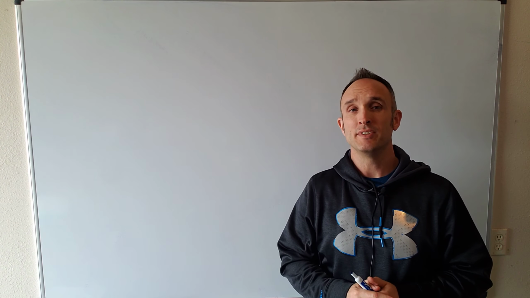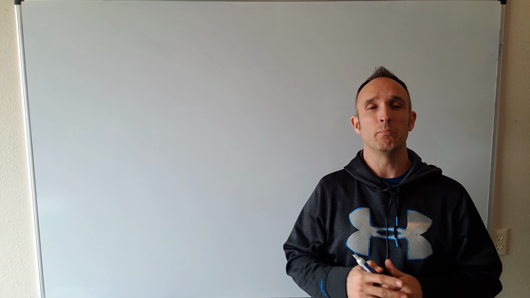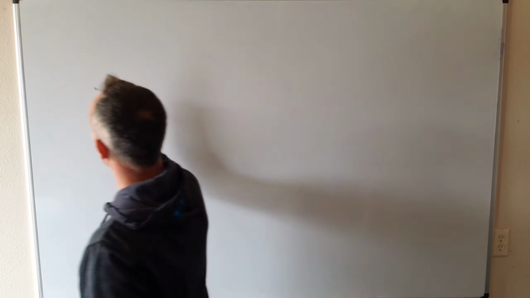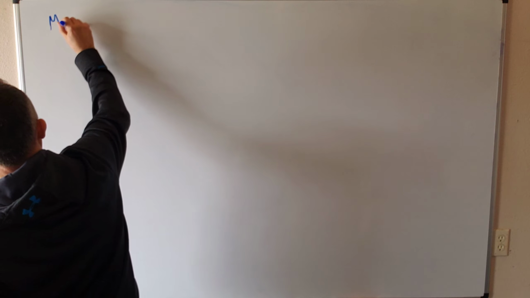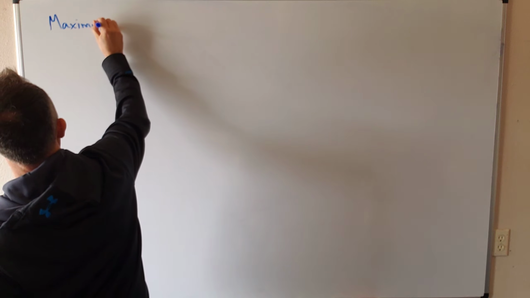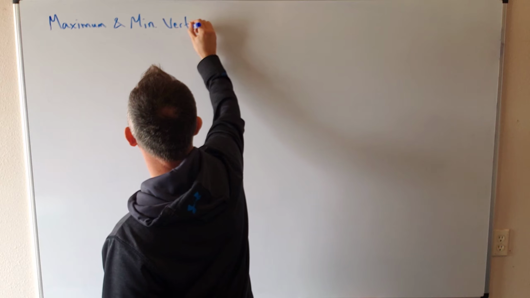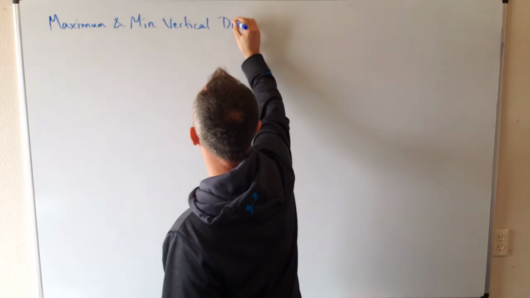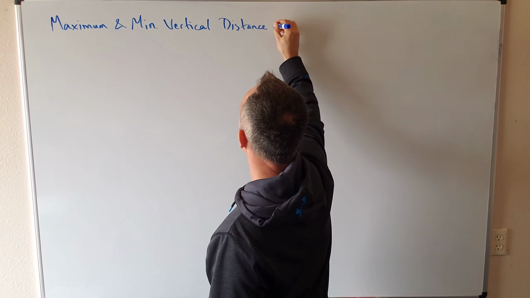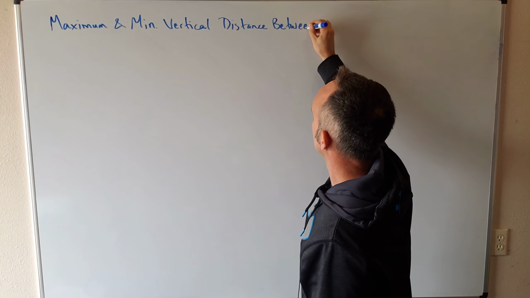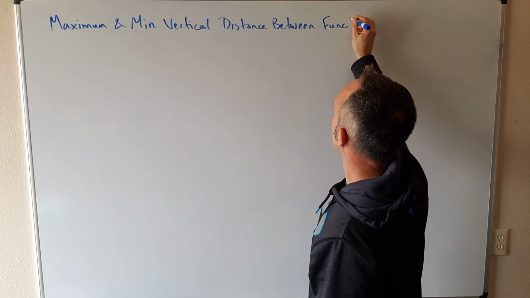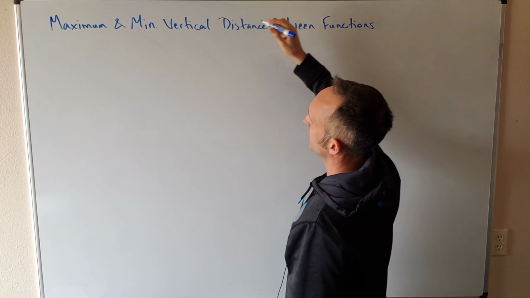We're going to do an optimization example where we find the maximum and minimum vertical distance between functions. Okay?